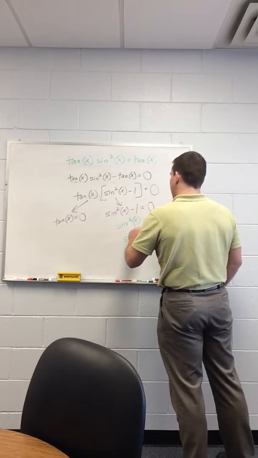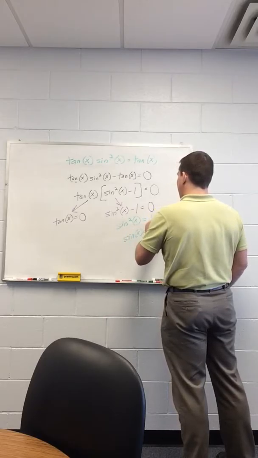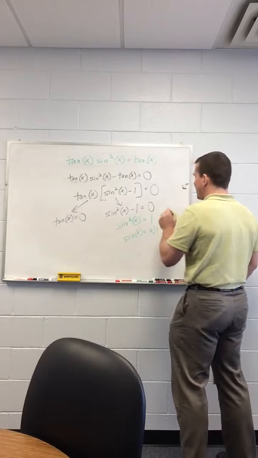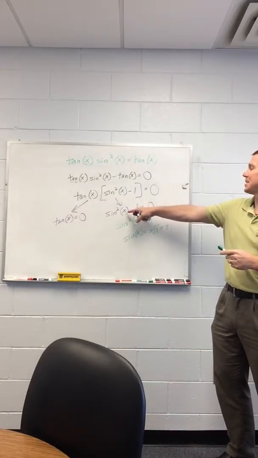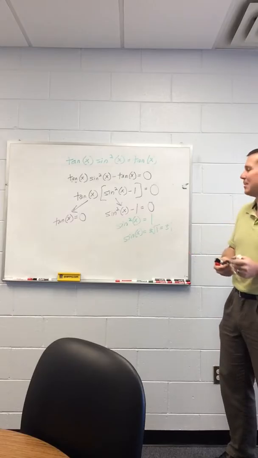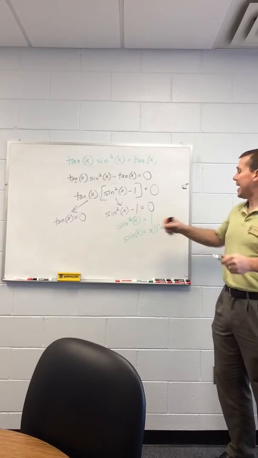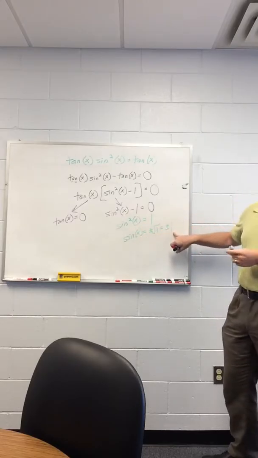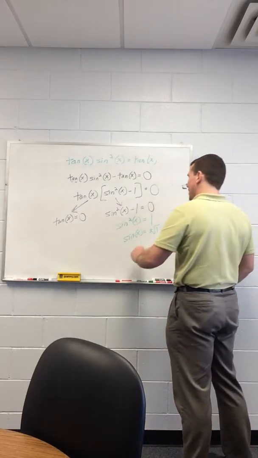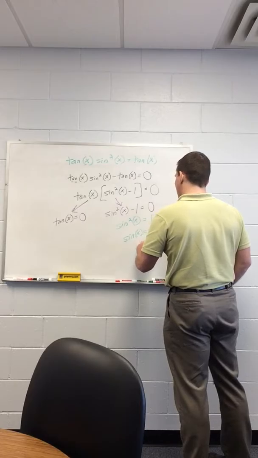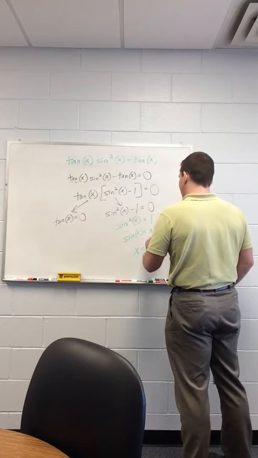And we get sine x equals plus or minus the square root of 1, which is plus or minus 1. Again, if you just factored this as a difference of squares, you get the exact same result. But now, sine x equals plus or minus 1. What angles give me a sine value of plus or minus 1? Well, that's just the top of the unit circle, pi over 2, and the bottom of the unit circle, 3 pi over 2.